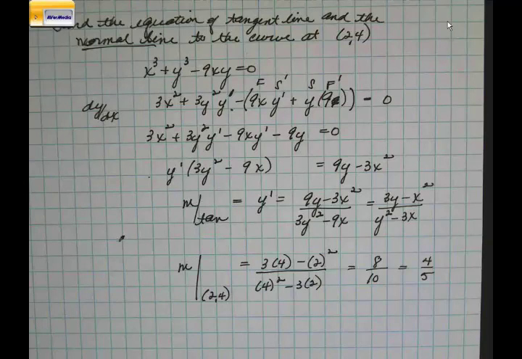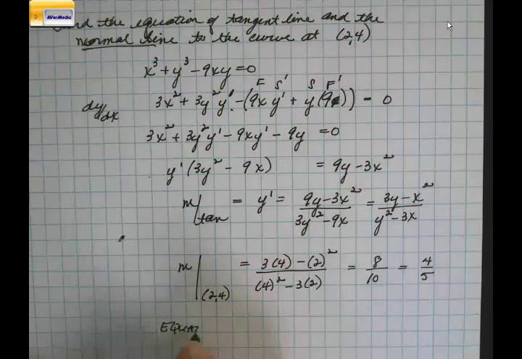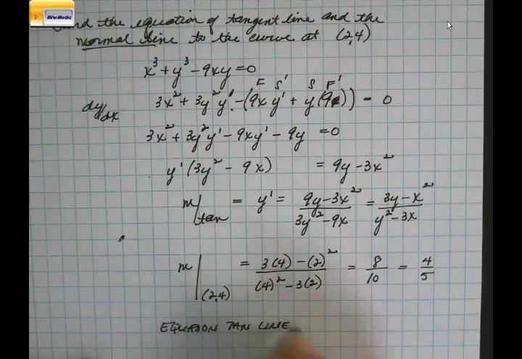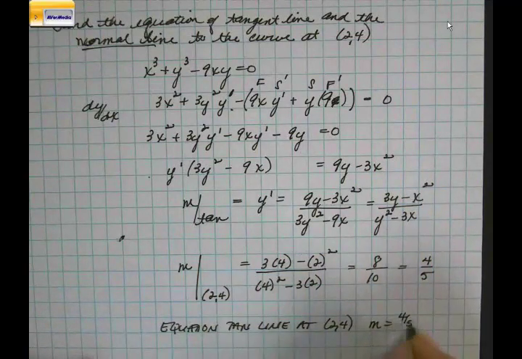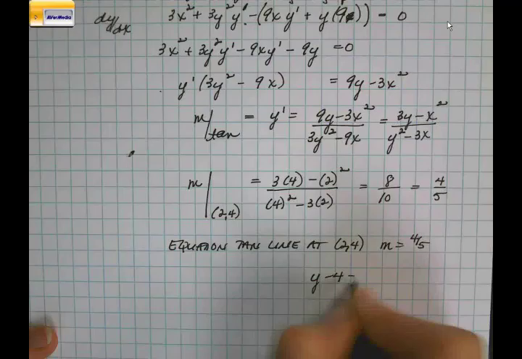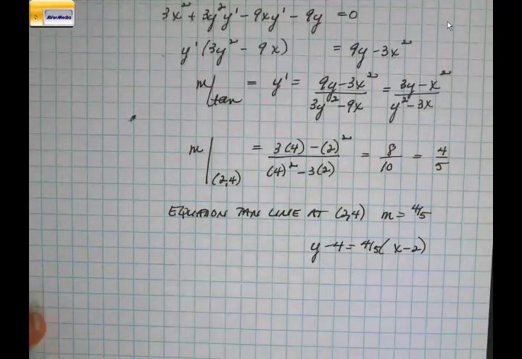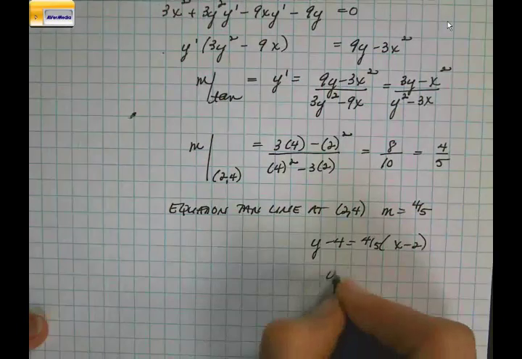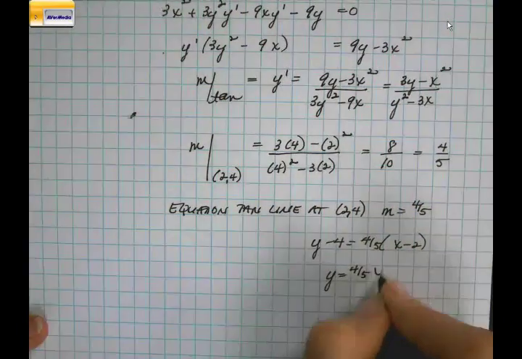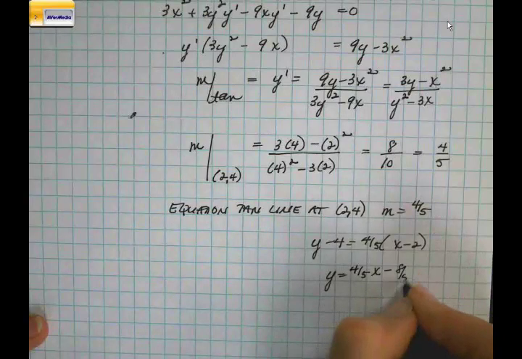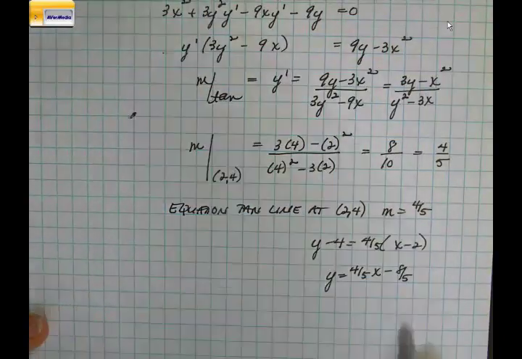Okay. So now if I want the equation of the tangent line at the point (2, 4), whose slope we just found out to be 4/5, it will be y minus y1 equaling slope times x minus x1, which is y equaling 4/5 x minus 8/5 plus 4.